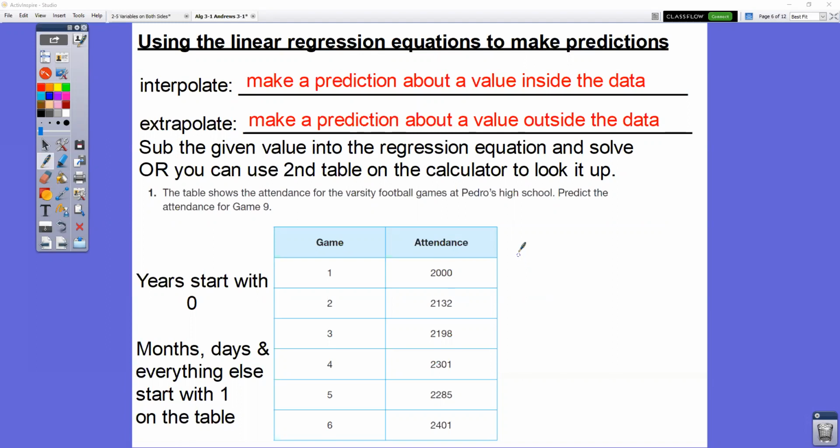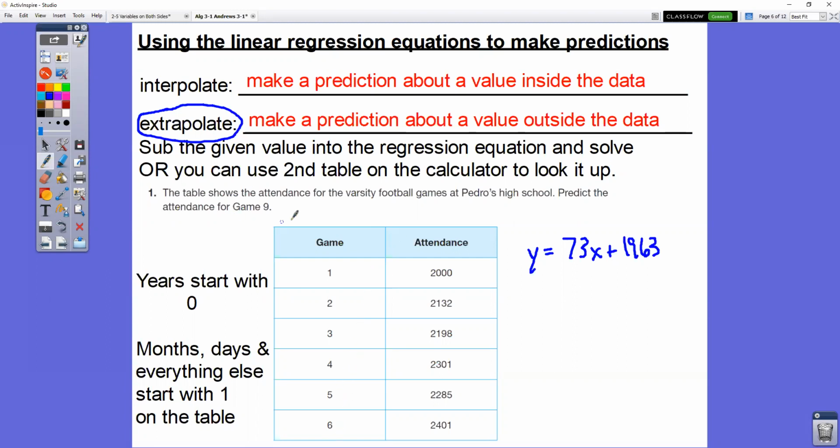So our equation was y equals 73x, which is what we got from our linear regression, plus 1,963. We're going to make a prediction about the data. That is called extrapolating the data. It's making a prediction outside of the data that you're given.